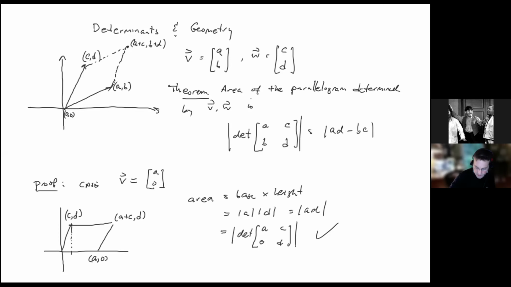Okay, so let me go to the general case. So this would be case 2, the general one. And how does that work? Well, let's look at the picture again.